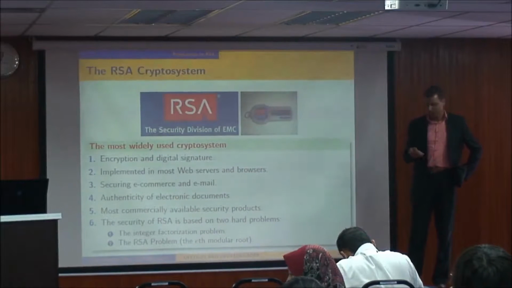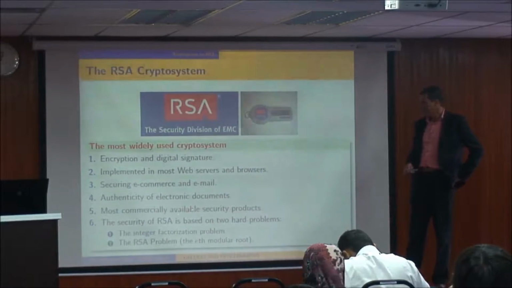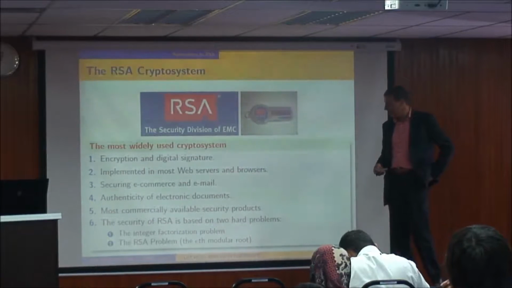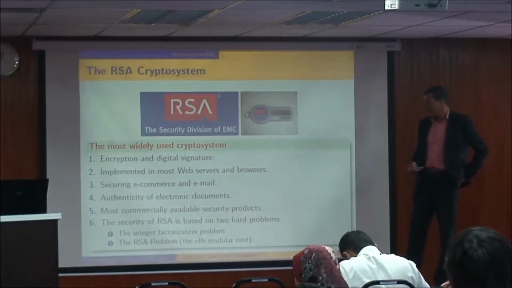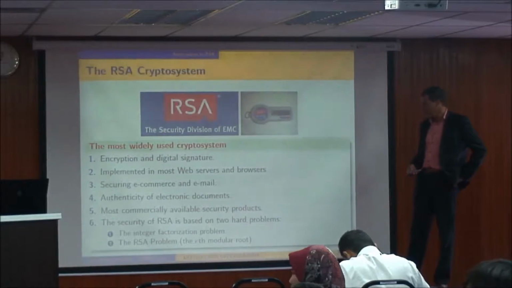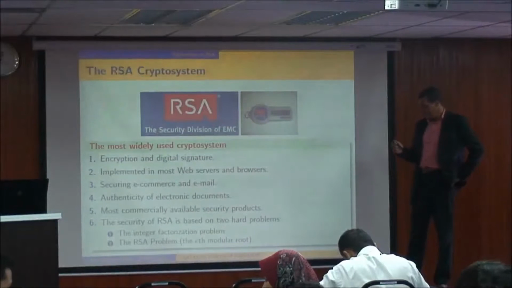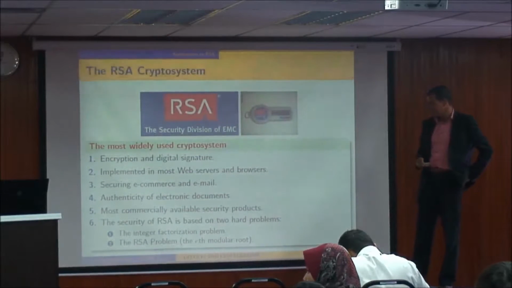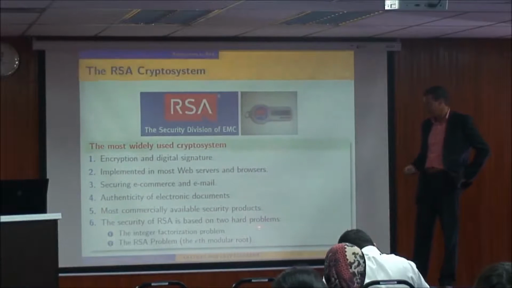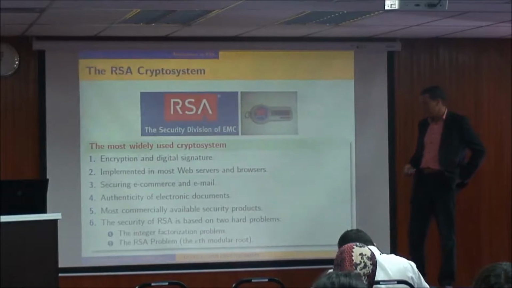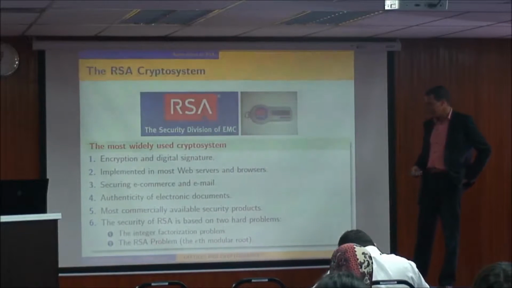It's used for securing commerce and emails for authenticity. It's used for most commercial security products. And the security of RSA is based on two hard problems. The first one is the integer factorization problem, and the second one is called the RSA problem, or the e-th modular root.